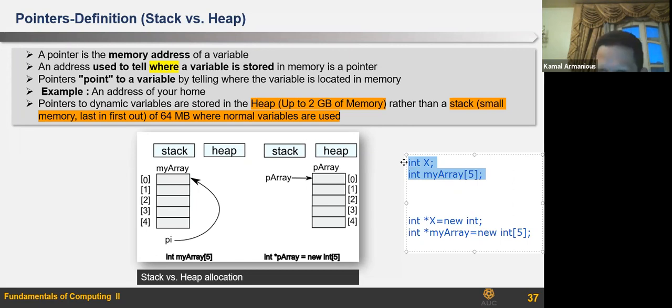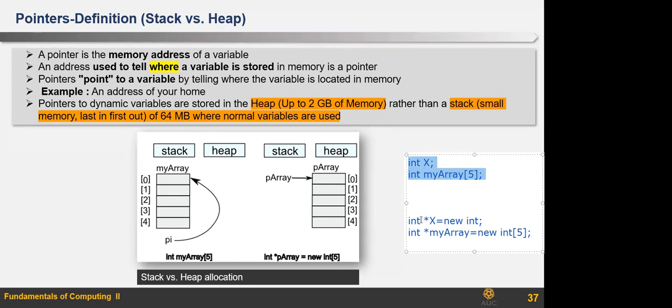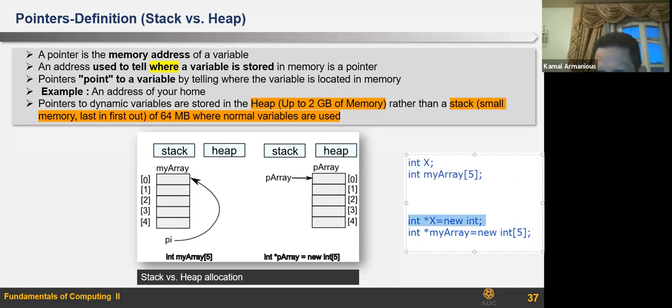Then, if you want to allocate in the heap and use pointers, simply to this x you add a star, then it becomes a pointer. Then equal new int. What does this mean? Allocate a piece in memory for an integer and point to it by x.